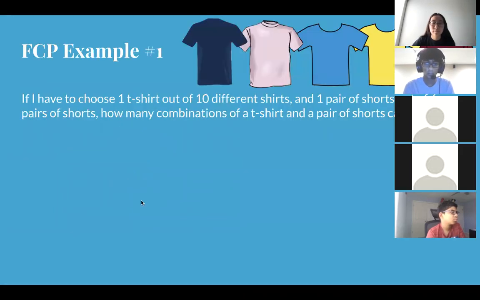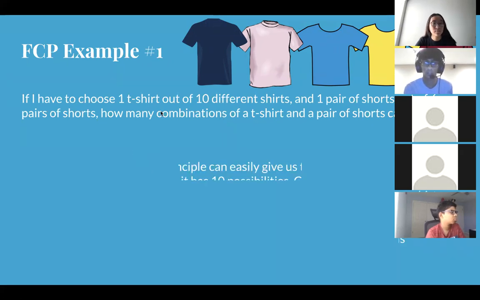So for example, we're going to have our first question. You have to choose one t-shirt out of 10 different t-shirts and one pair of shorts out of 6 pairs of shorts. So how many combinations of a t-shirt and a pair of shorts can I wear? Right, so this is almost a direct application of the fundamental counting principle. There's 10 possibilities for the first event, or the amount of shirts.